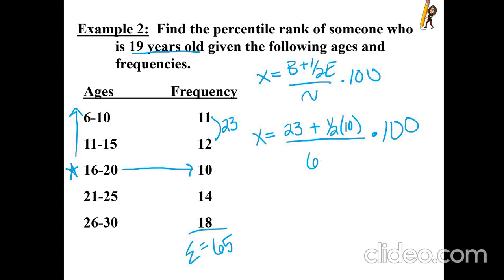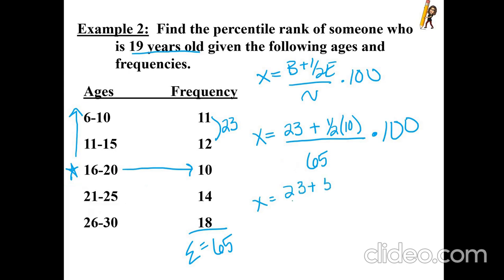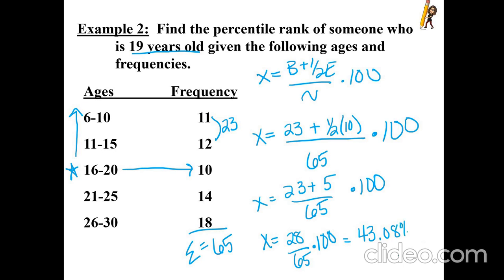That's our N. So 1/2 times 10 is 5, so 23 plus 5, divided by 65, all times 100. 23 plus 5 is in fact 28, divided by 65, all times 100. What's that percentile? It's going to be equal to 43.08%, which is the 43rd percentile.